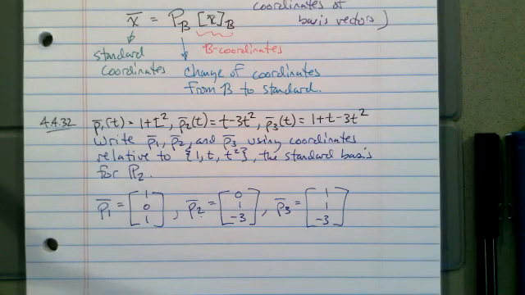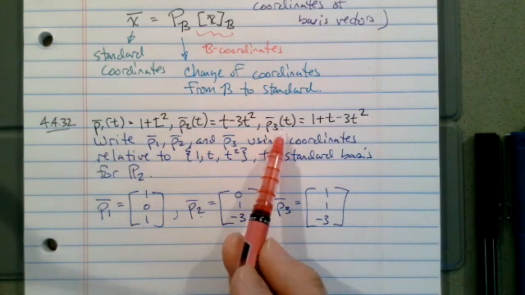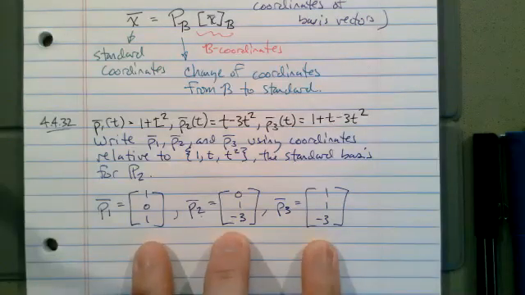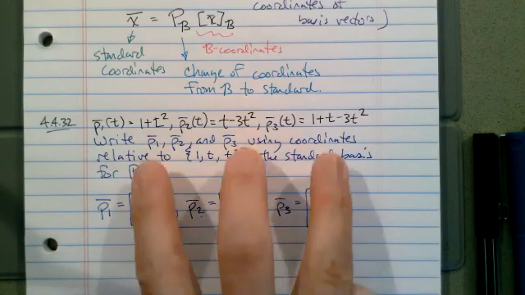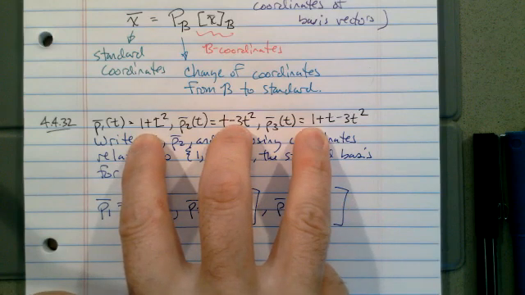So these are the coordinates of the vectors P1 of t, P2 of t, and P3 of t, which are polynomials, relative to the standard basis for P2. And we want to show that these three vectors form a basis for R3, so that we can conclude that these three polynomials form a basis for P2.